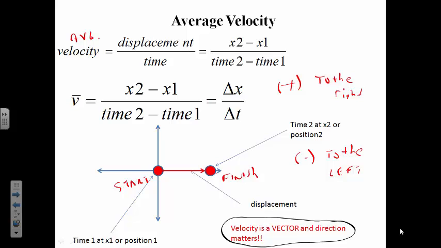So this average velocity is the difference in our positions divided by the difference in the times, and because it's a difference, we can use our delta shorthand notation, and because this is a difference, we can use our shorthand notation again.